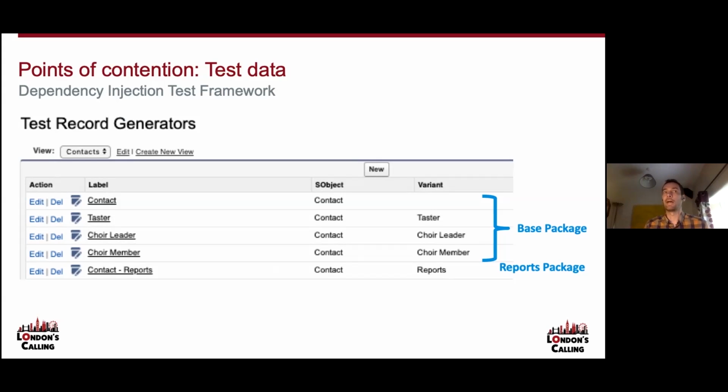It just knows about Salesforce standard contacts. So it has a definition of how to make a contact for itself, where it only fills in the last name. But when we install everything together, the test framework sees all this custom metadata together, and when it creates the contact for reports, that automatically inherits the base definition that also fills in the email address, and everything works smoothly.